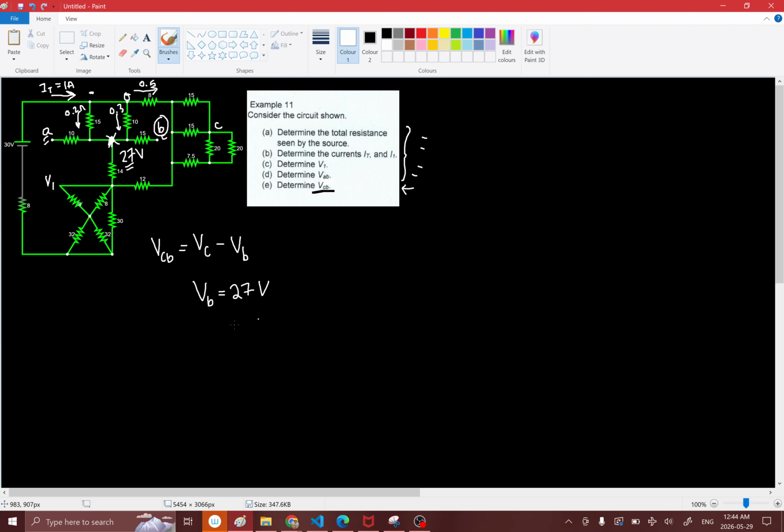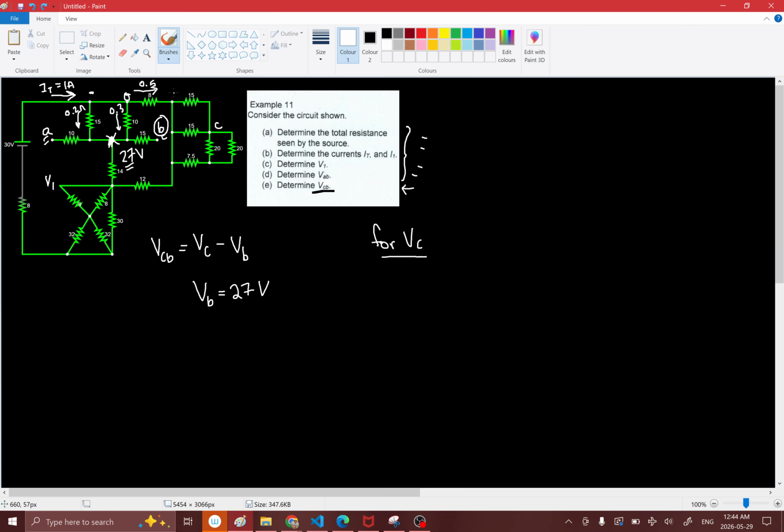What about VC? VC is all the way over here, and we have to remember something pretty important. The important thing to know is that no current travels down this path, or this path, or any path around this complex of resistors.